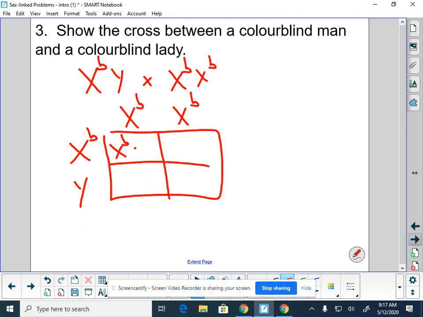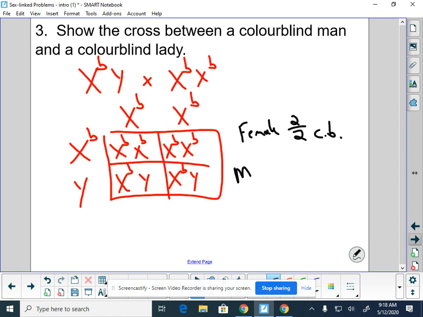Hard to avoid it. So phenotypic ratio, female, 2 out of 2 colorblind. I'll just try to speed up here. And male, 2 out of 2 colorblind. That one's pretty straightforward.